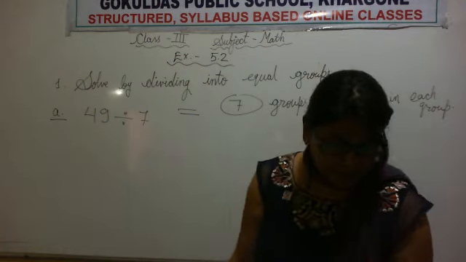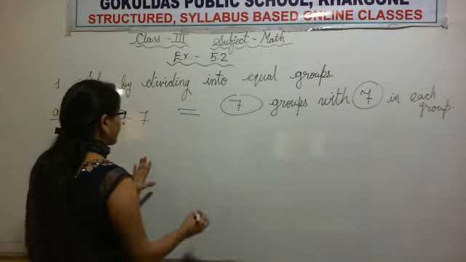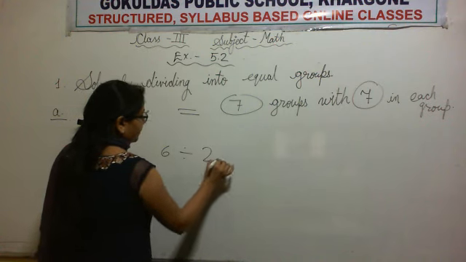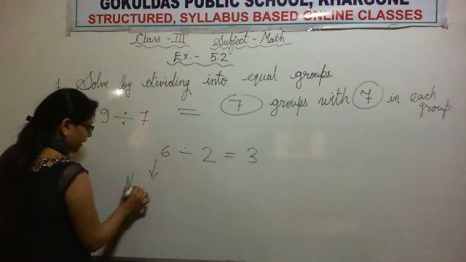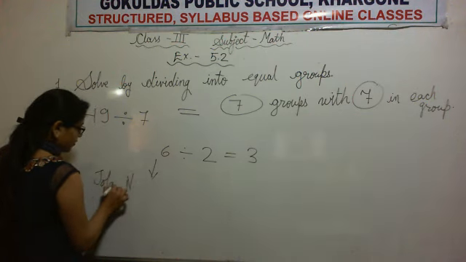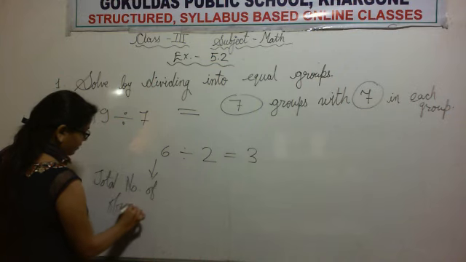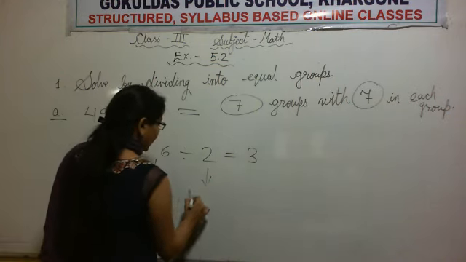Students, in our first lecture when we started division, what did we learn? Let's take a simple example: 6 divided by 2 is equal to 3. This was the total number of objects or things. This was the number in each group.